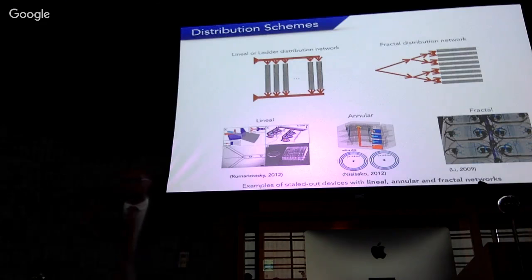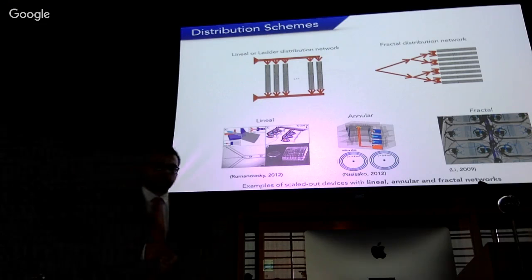So from this, we needed to decide, okay, now we know how to rearrange, but what distribution network can we use? So there are 2 types of distribution networks that have been used in parallelization devices. The first one is called a ladder-like distribution network, and this is because it looks like a ladder. So here you connect a wider channel, and you connect many of these devices.